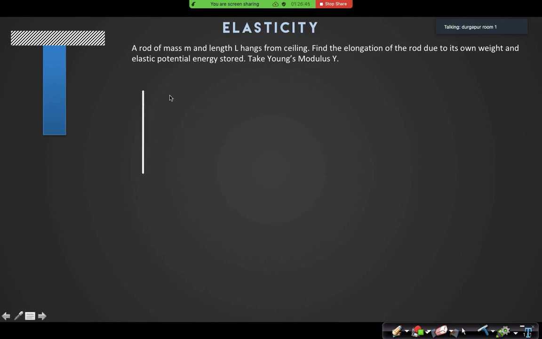Suppose this is the rod, and if you take a small cross section, you can see that the tensile stress is only due to the weight of the lower part.